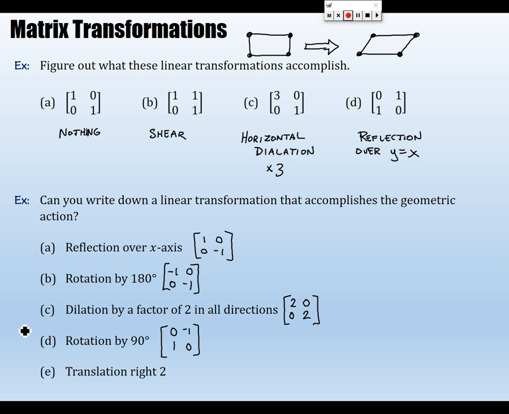That's impossible by multiplying by a matrix. So that was the trick question. It turns out that as simple as that might sound, it's not a linear transformation. I just wanted to make sure you're clear that after doing all these, you might think you can do anything. Well, not quite.